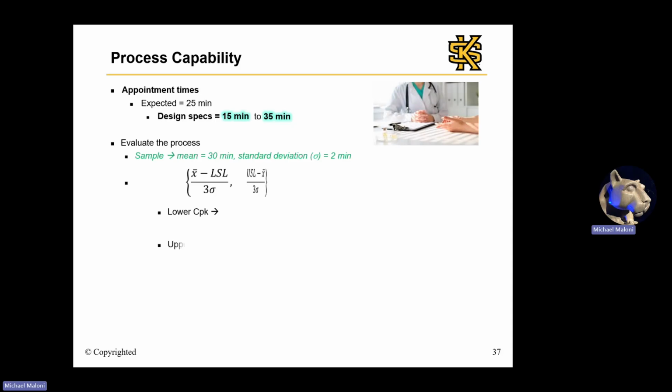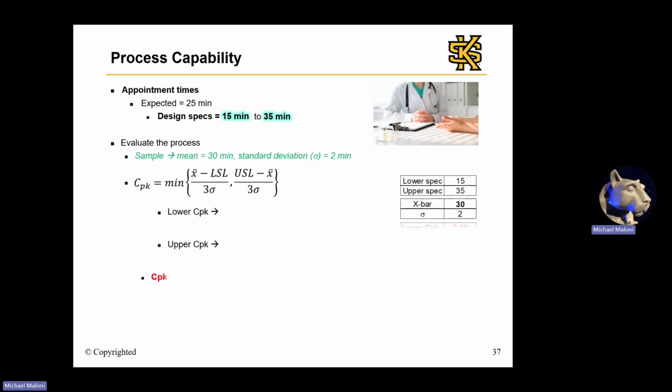The second part evaluates how close +3 sigma, the upper part of the distribution, is to the upper spec limit, the USL. Higher values are better, lower values are worse. So the CPK formula considers the minimum, the lower or the worst of the two evaluations of the lower spec limit and the upper spec limit. It takes the lower of the two numbers.